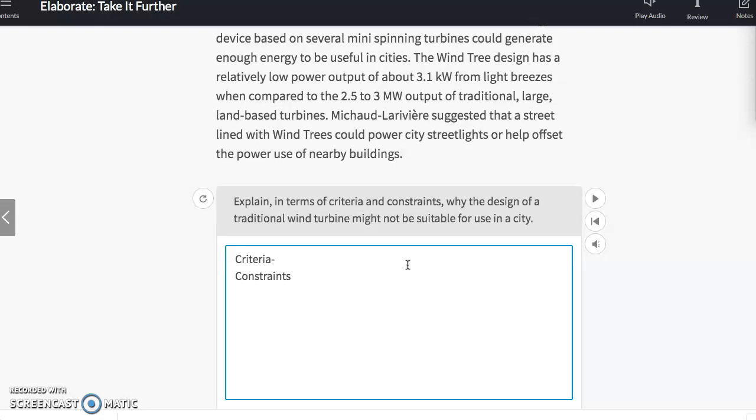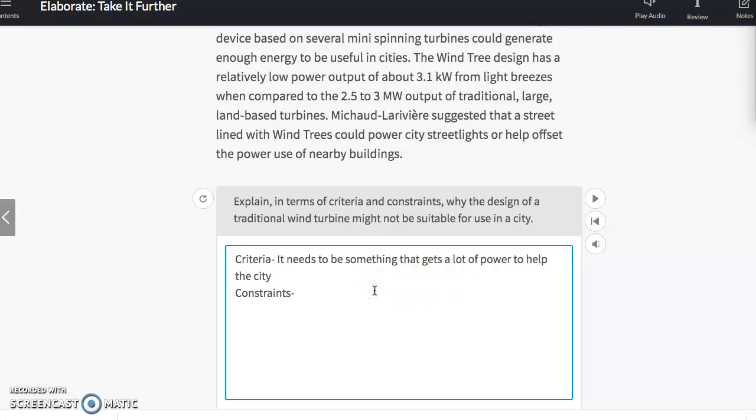So criteria is it needs to be something that gets a lot of power to help the city.